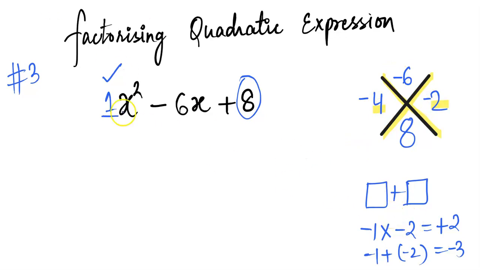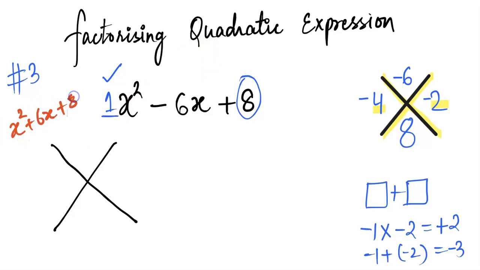This is the particular process, but what is the short trick over here? I'm going to draw the same cross here. Let's not take this equation, but make a positive equation for the same: x squared plus 6x plus 8, because for positive we are very clear, we don't have any confusion. We write 8 here and 6 here.